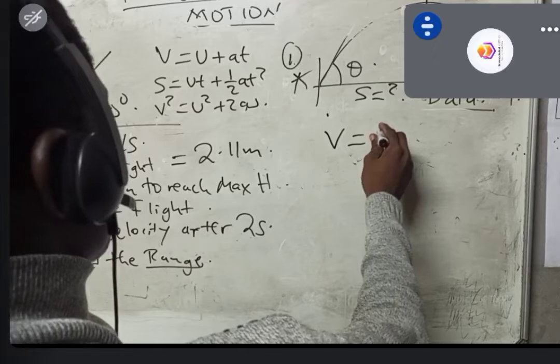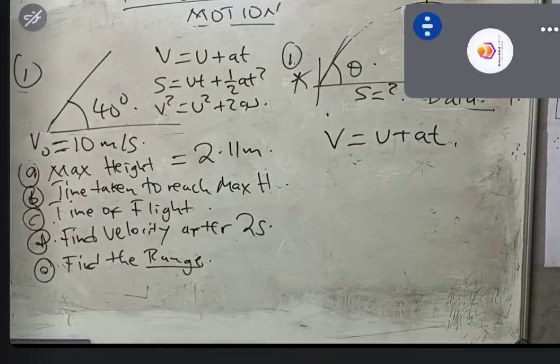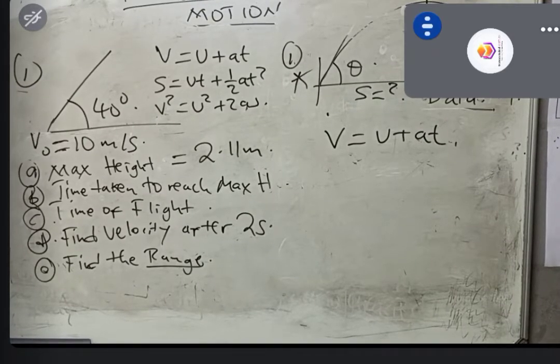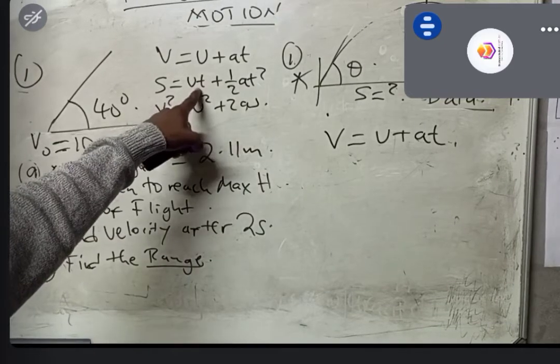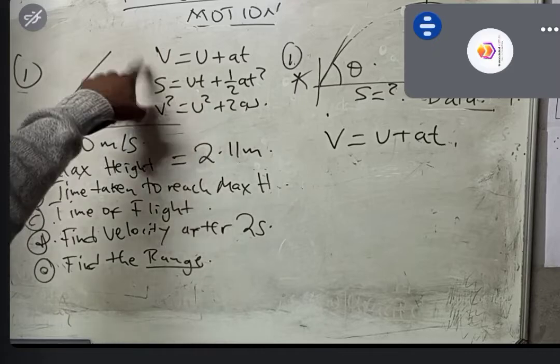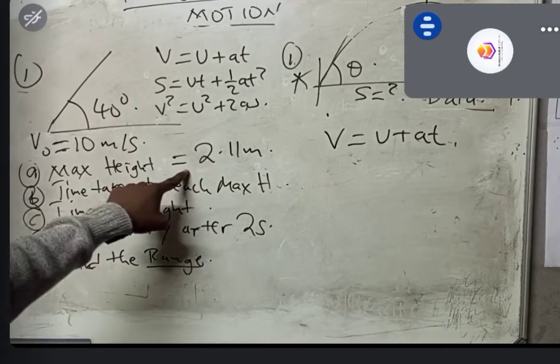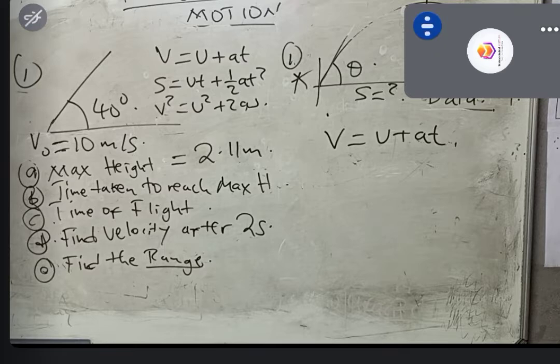The reason why I'm saying you go for the first one is that it won't require you to use your height. Because if you use the height and your answer is wrong, even your time is going to be wrong. But if you use the first formula, even if your height is wrong, you may lose the marks on the first part, but for time you get it right.